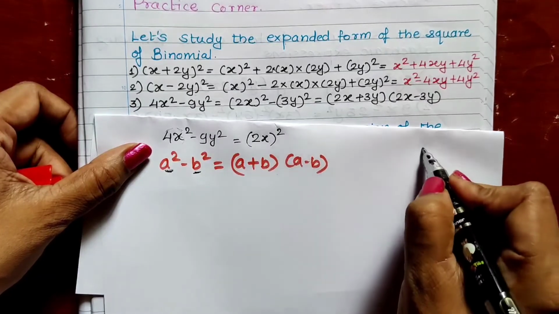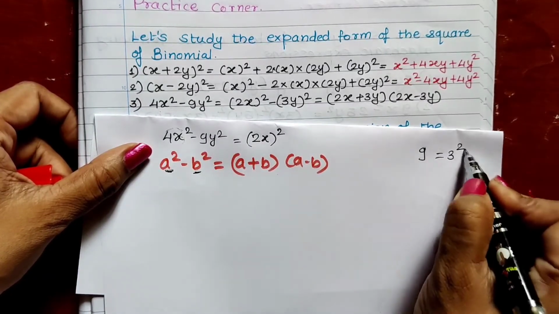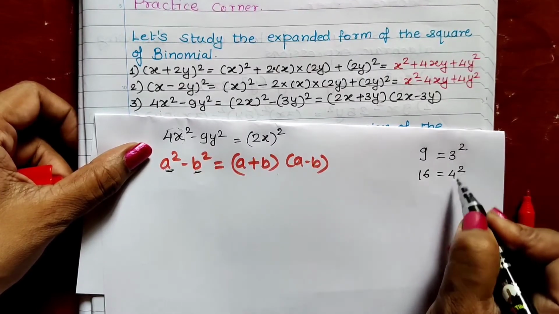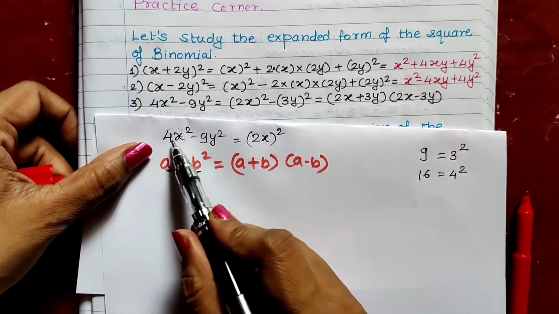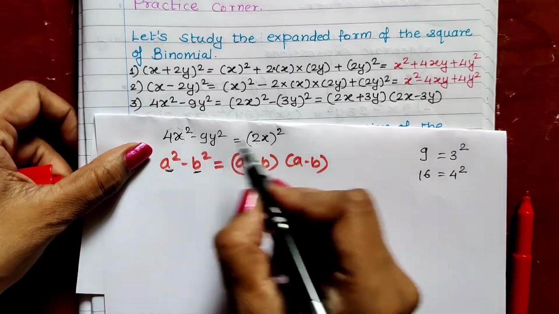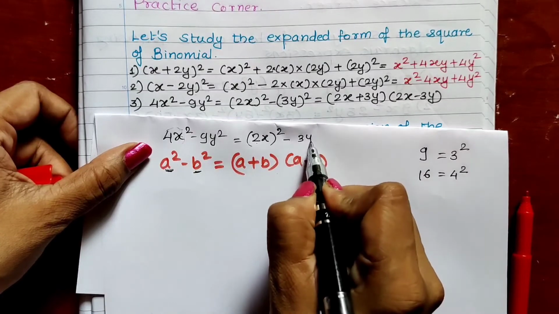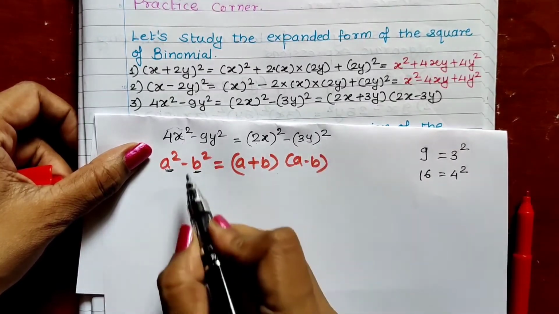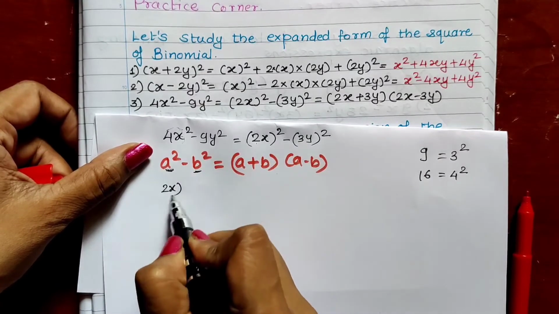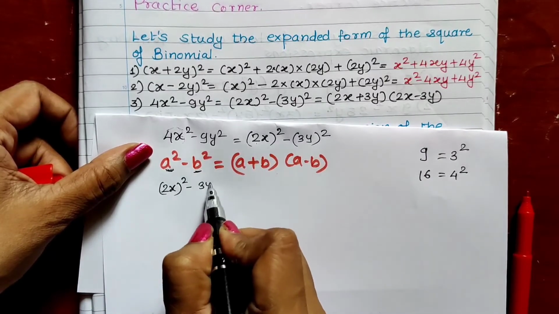Like 9 is square of 3, 3 square is 9. Like 16 is square of 4, 4 square is 16. Same way 4x square is square of 2x, and 9y square is square of 3y. And now in place of a square minus b square, we can write 2x square minus 3y square.